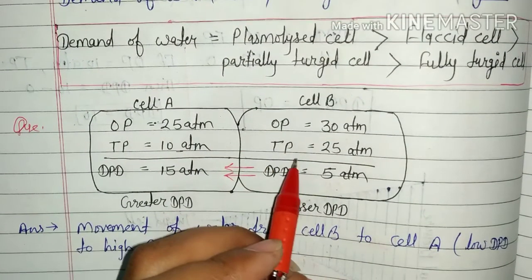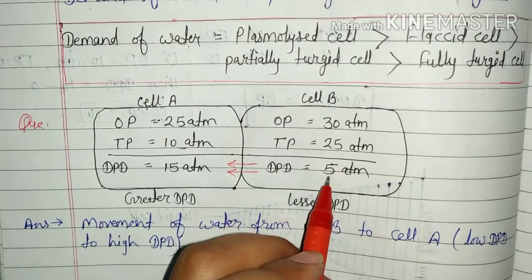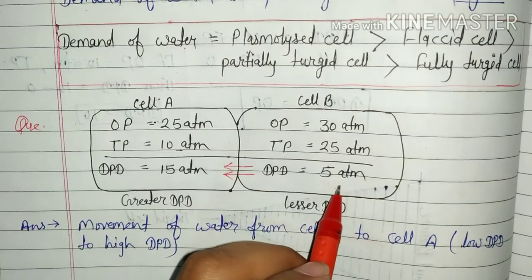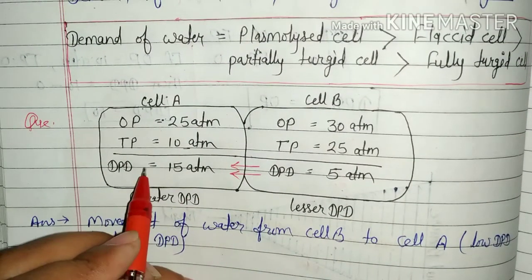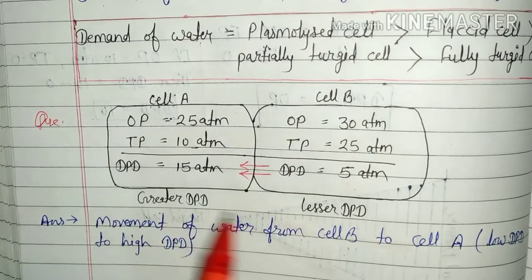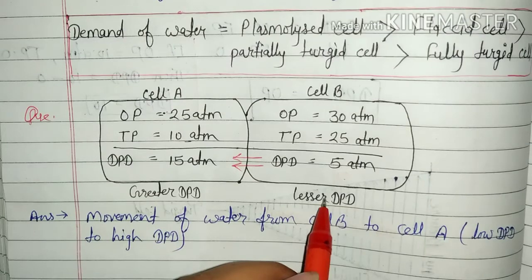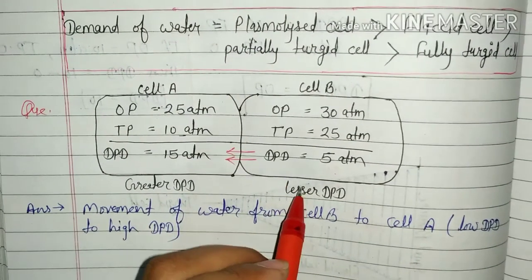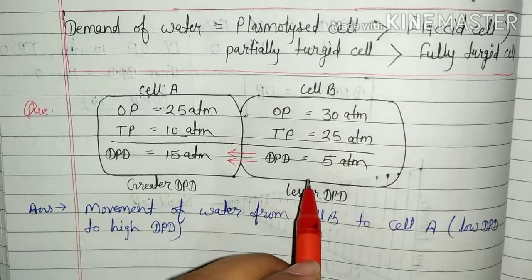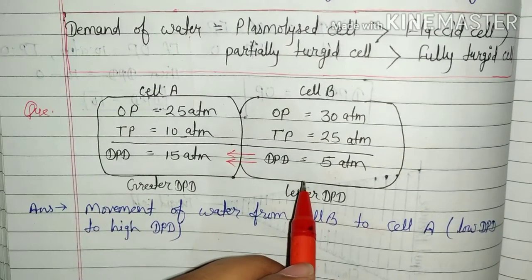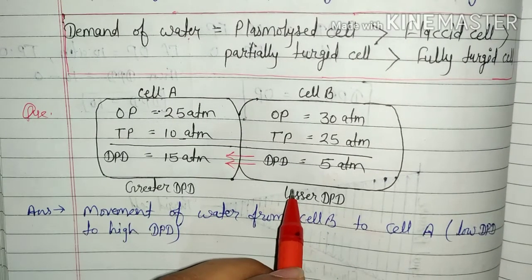In cell B, DPD is 30 minus 25, it means 5 atm. Cell A has the highest DPD and cell B has lower DPD. As you know, in the case of DPD, water molecules move from low DPD to high DPD.